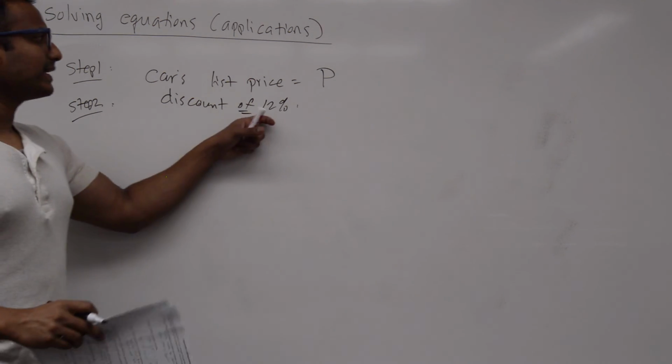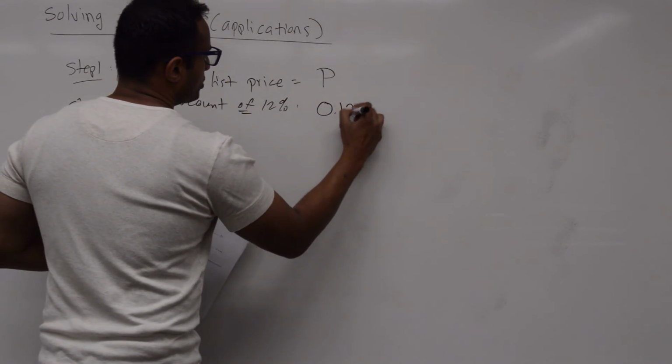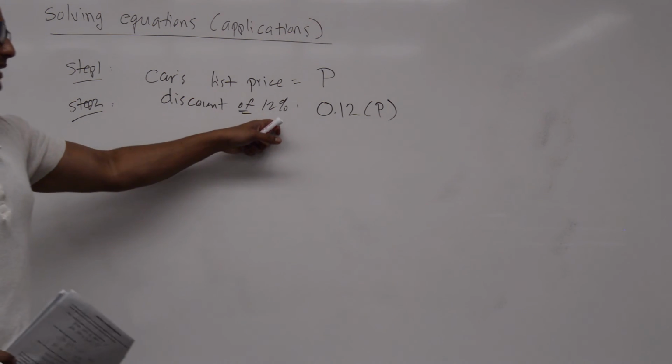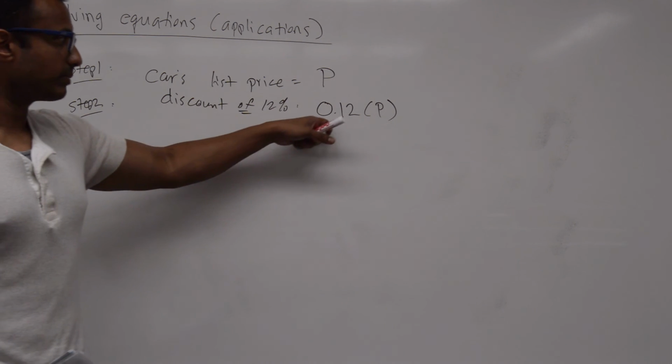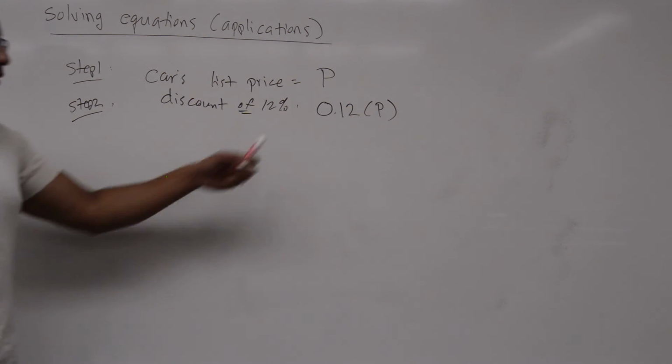So it's 12% of the original price. So the discount is going to be 0.12 times P. If you convert 12% to a decimal, that's 0.12. And it's a discount of 12%, so it's going to be 0.12 of the original price. That's how much you're getting off. So it's going to be 0.12 times P.